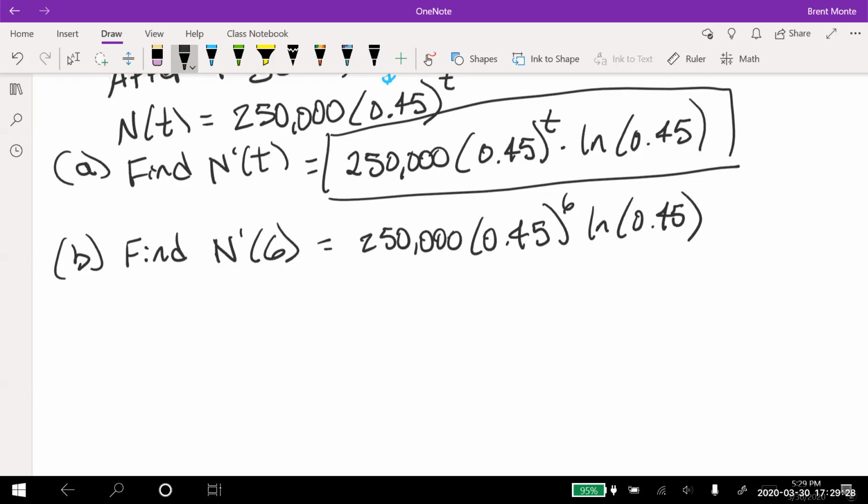And I get negative, and remember, this is in pounds per year. I'll go to the nearest pound, negative 1,658. And again, that's in pounds per year. That's my rate of change.